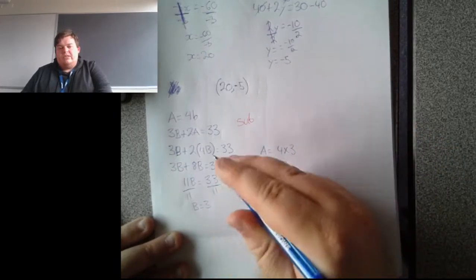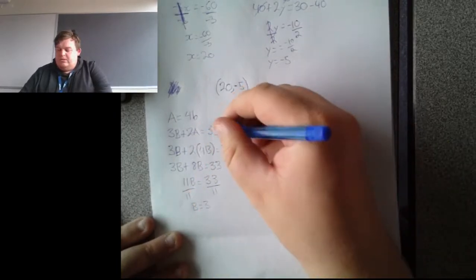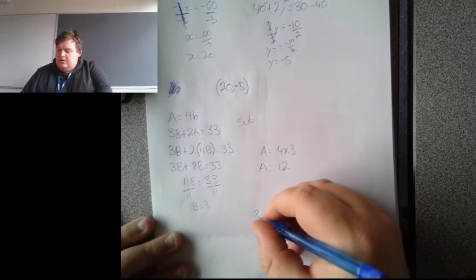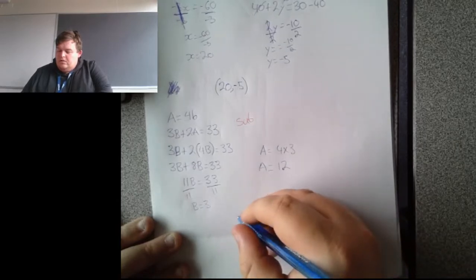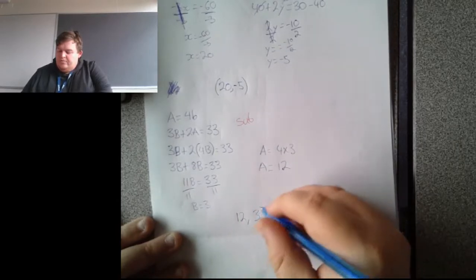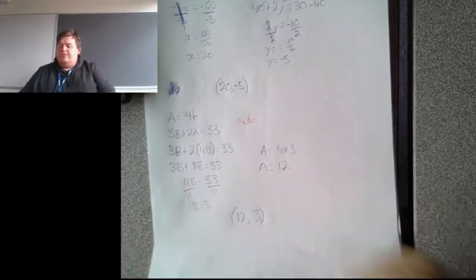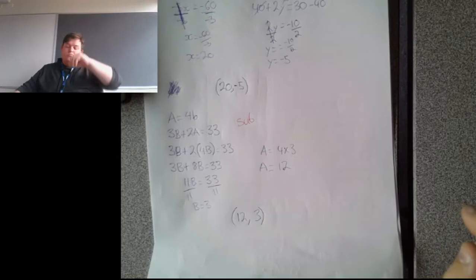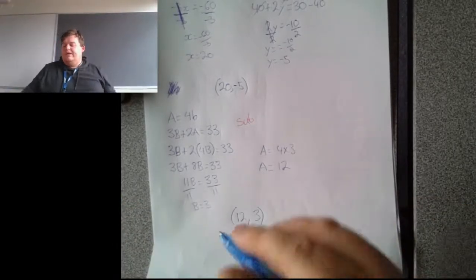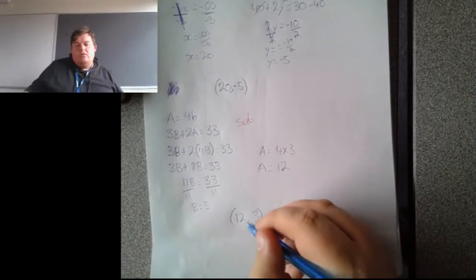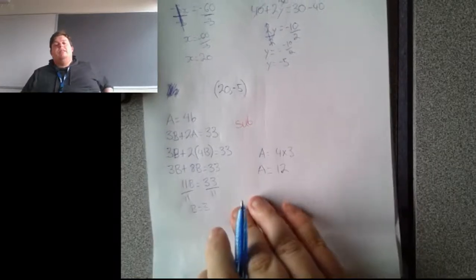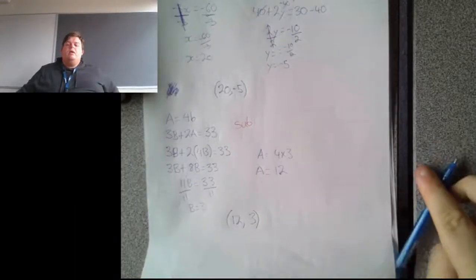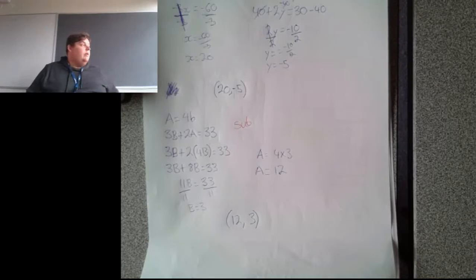So the point of intersection between these two equations is 12 and 3. Well, a equals 12 and b equals 3. I guess we don't necessarily know what order these should be in. That's the basic idea behind it. Hopefully you enjoyed that. Take it easy.